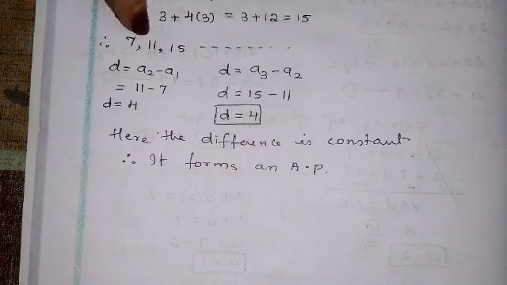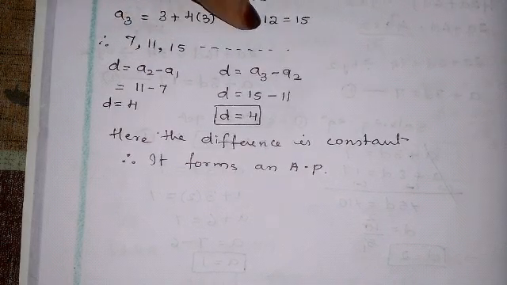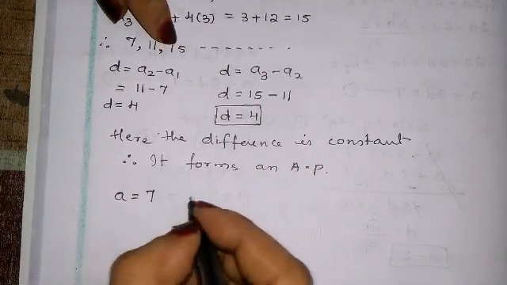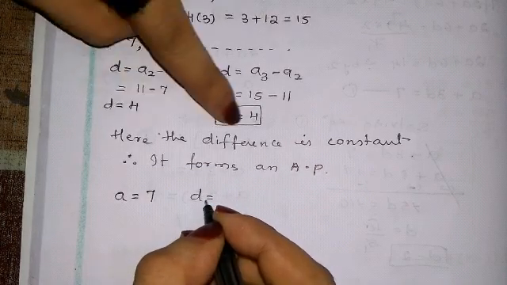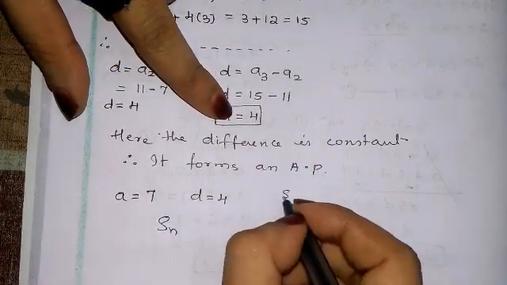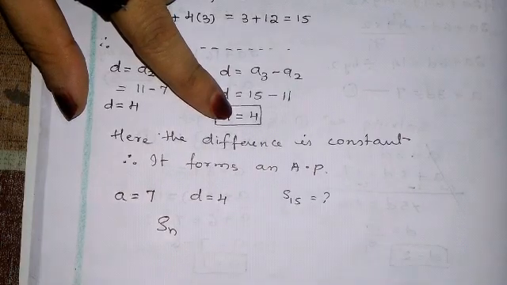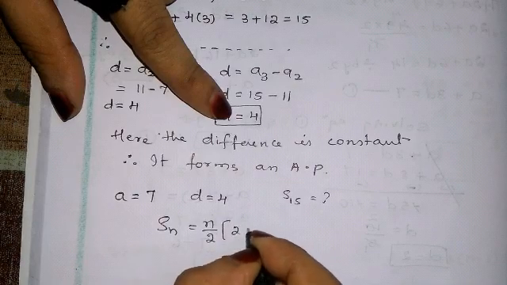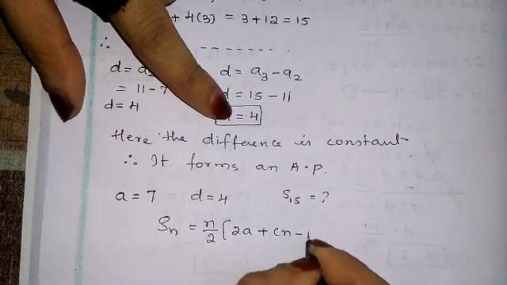You can see my finger, 7, 11, 15 is an AP. First term is 7, so a is 7. D is equal to 4, which we have found. Find the sum of 15 terms. Yes, 15 they have told us to find. Sn is equal to n by 2 [2a plus (n minus 1) d].